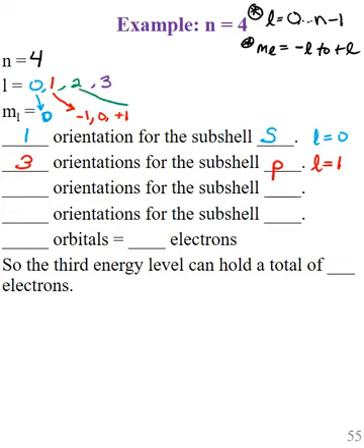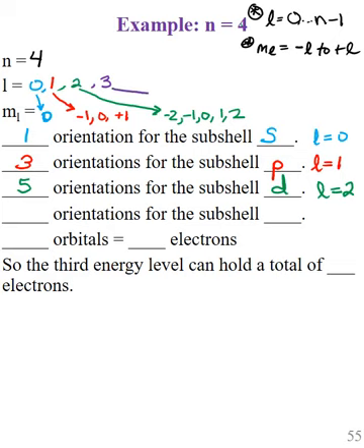Okay, let's look at when L equals 2. What are the values M sub L could have? Negative 2, negative 1, 0, plus 1, and plus 2. How many orientations is this? 5. And what is the subshell? D. Why is it D? Because L is 2.